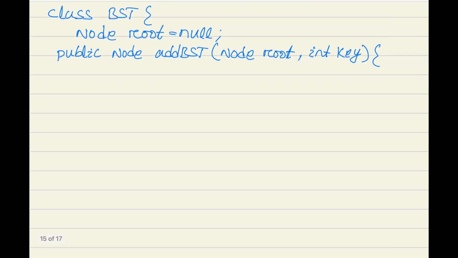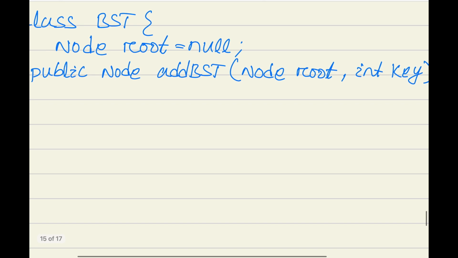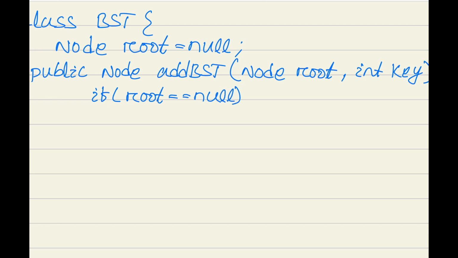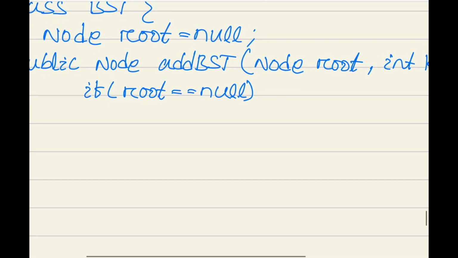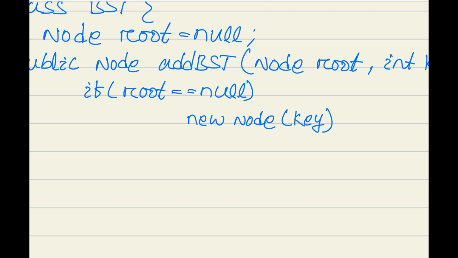Okay, so if the root is null, that means the tree is not created, so we can write like this: if root is equal to null, that means the tree is not there. For that we need to create a new node and assign its reference to root. How to create a new node? We can write new Node, and pass the value of the key as argument.